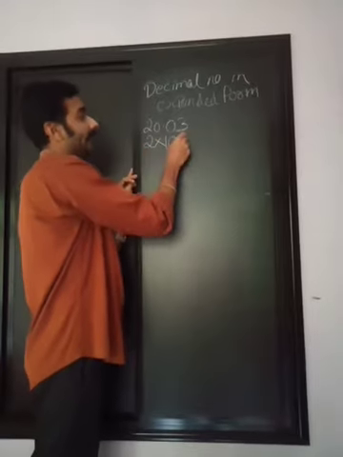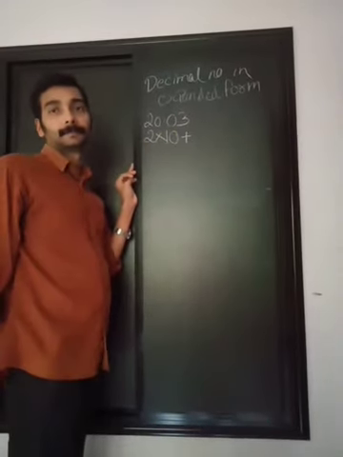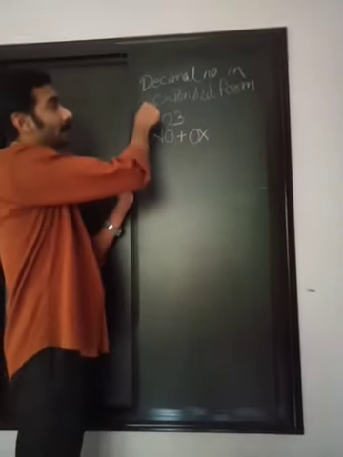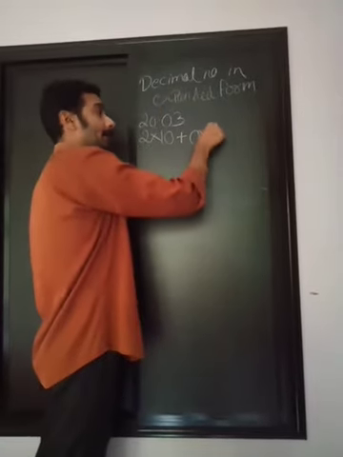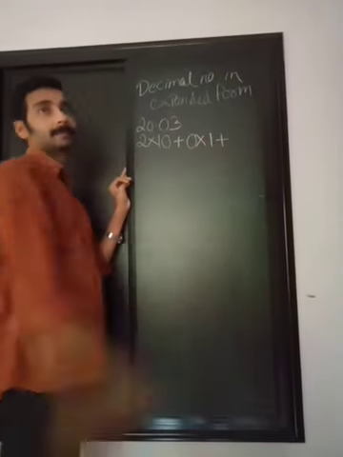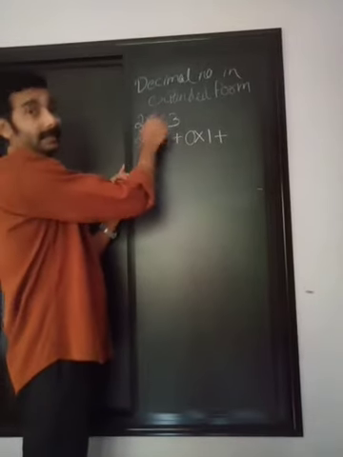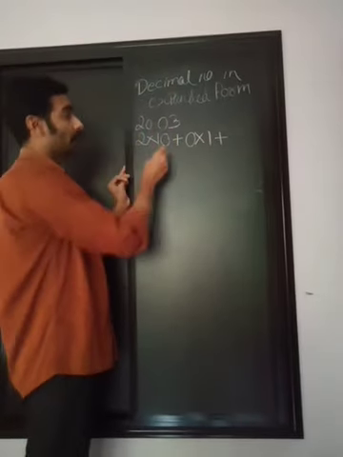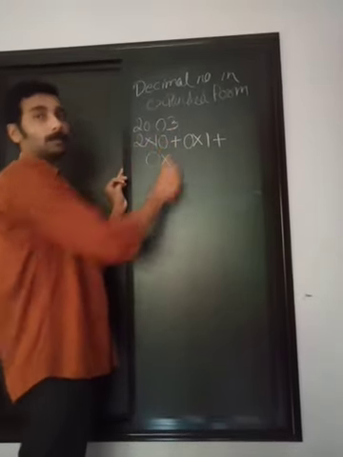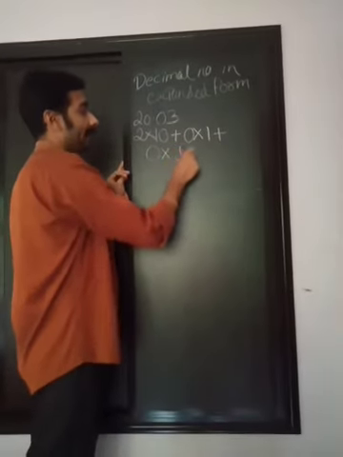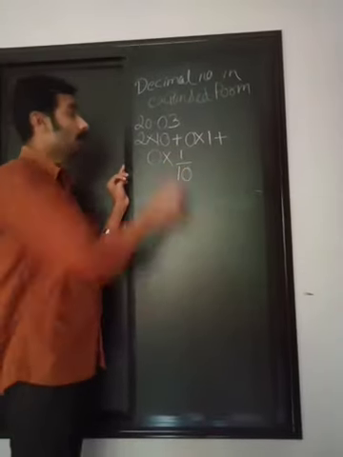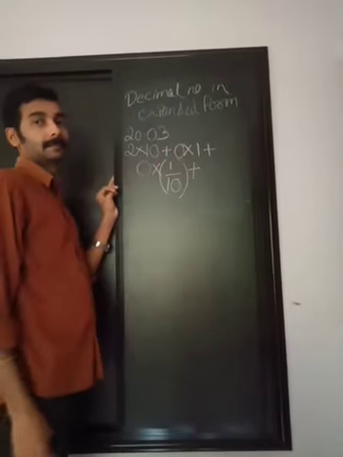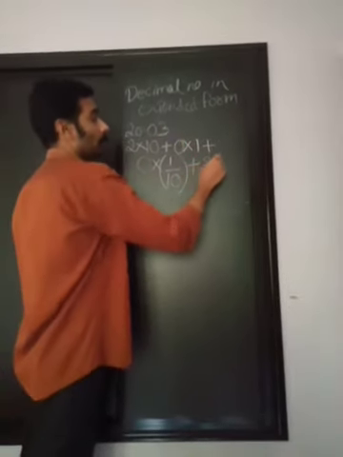2 into 10 plus 0 into 1, since 0 is in the ones place, plus then after the decimal, 0 into 1 by 10, plus 3 into 1 by 100.